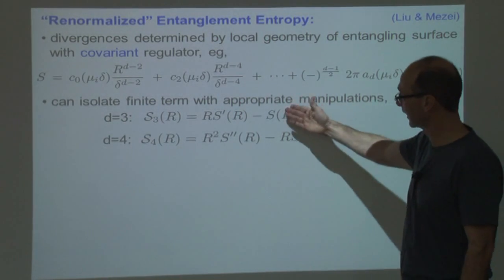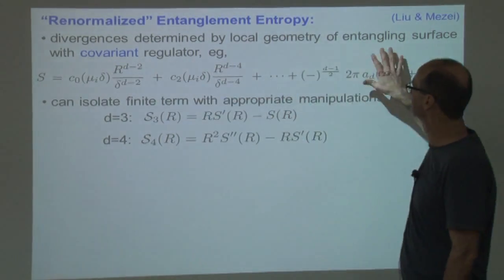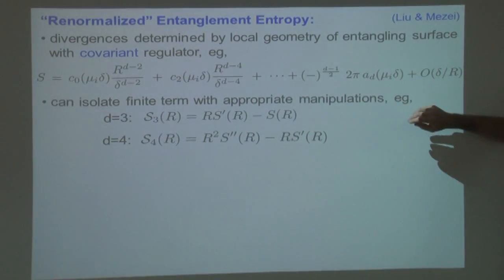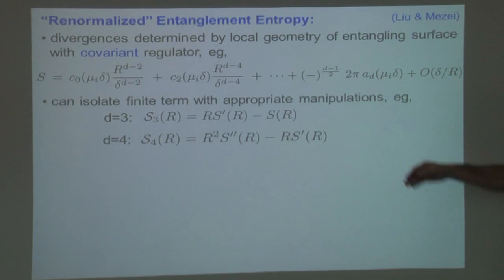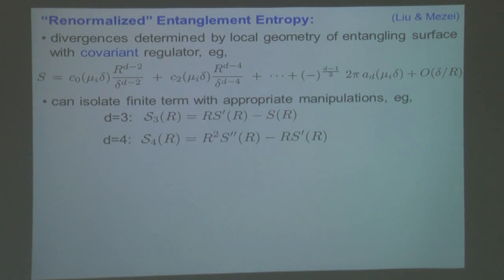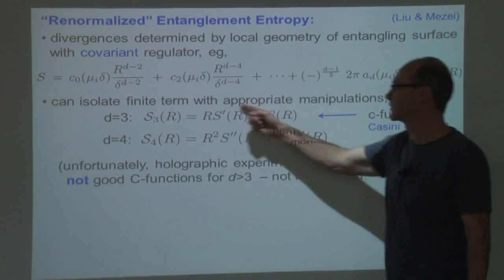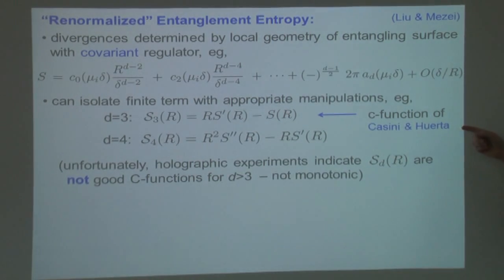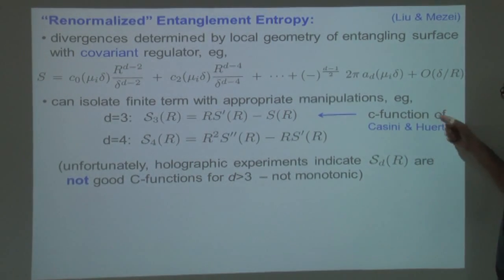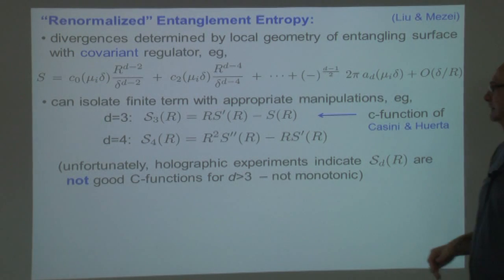And so again, even away from the conformal fixed points, these formulas will focus in and identify whatever the constant term is. This is now varying because I'm in the middle of the RG flow, but that's a good thing. I want it to change between the UV and the IR. And in fact, this is the thing that they proposed, and we went through it too quickly, but it was the thing that appeared naturally in the proof of the F theorem. And so that seems like a good sign.